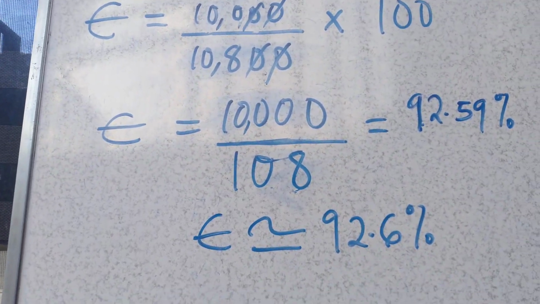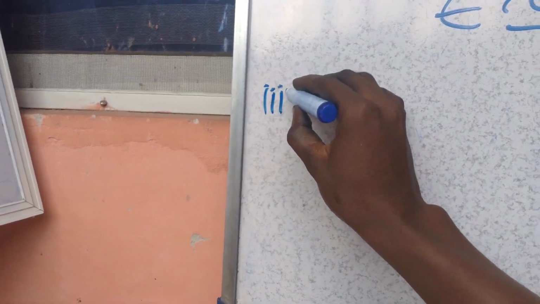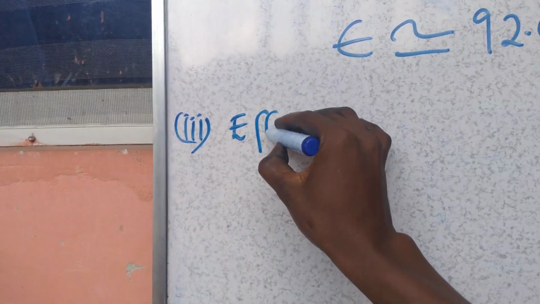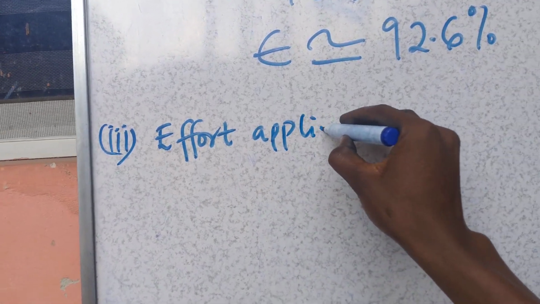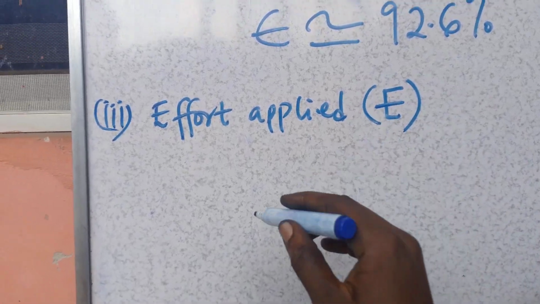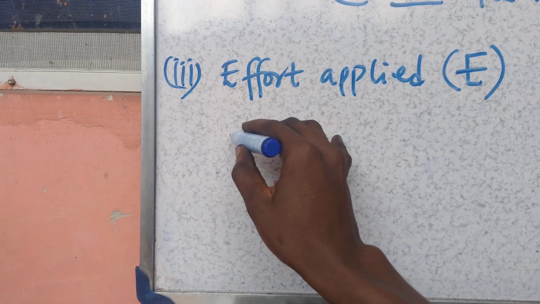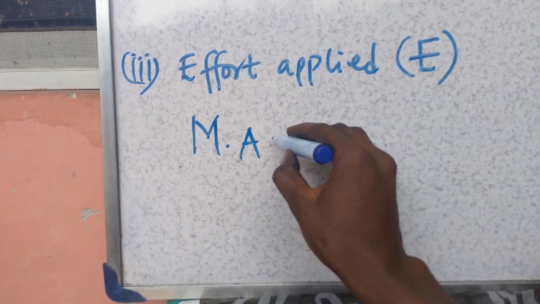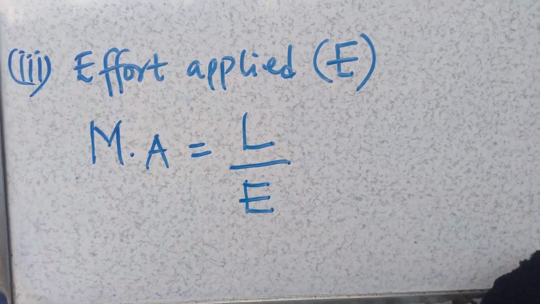92.6%. Now the next thing they say we should solve is the effort applied. Effort is E. So we know that mechanical advantage is equal to load over effort.